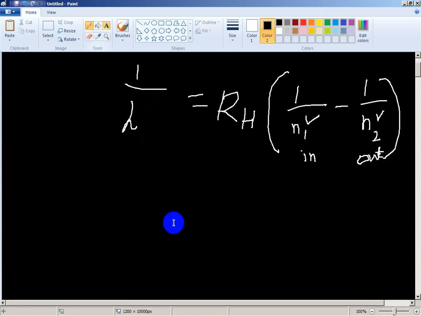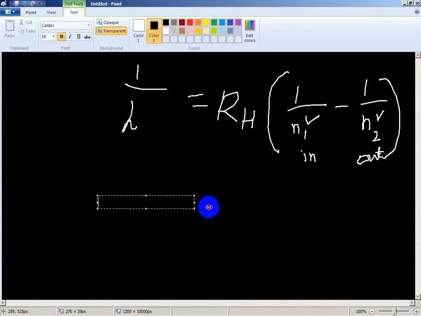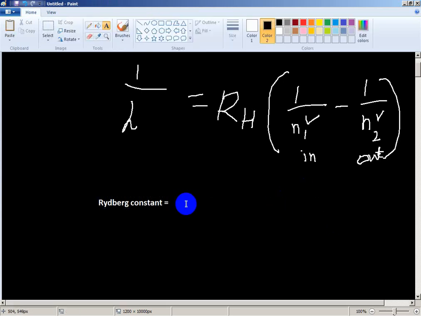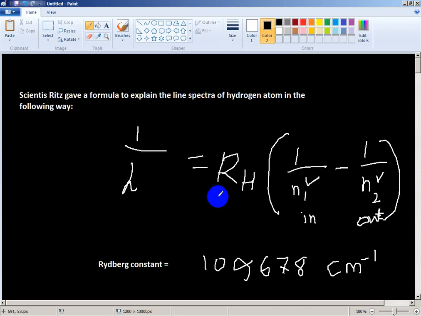RH is a constant called the Rydberg constant. Its value is 109678 per centimeter. What is the unit? It is per centimeter. This is the Rydberg constant.